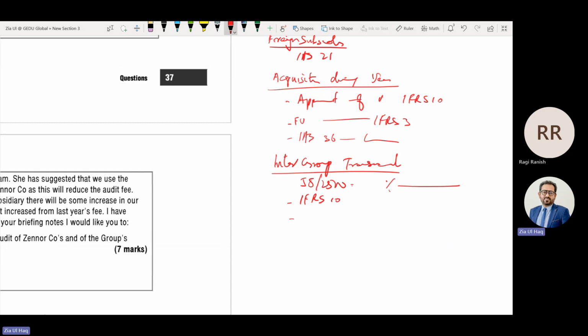They are saying the cars are in transit for 6 weeks. So there could be cut-off issues. Suppose before year end, one company has sold and transferred goods to the other and has recorded the sale, and the other hasn't recorded the purchase because they haven't received the inventory yet.